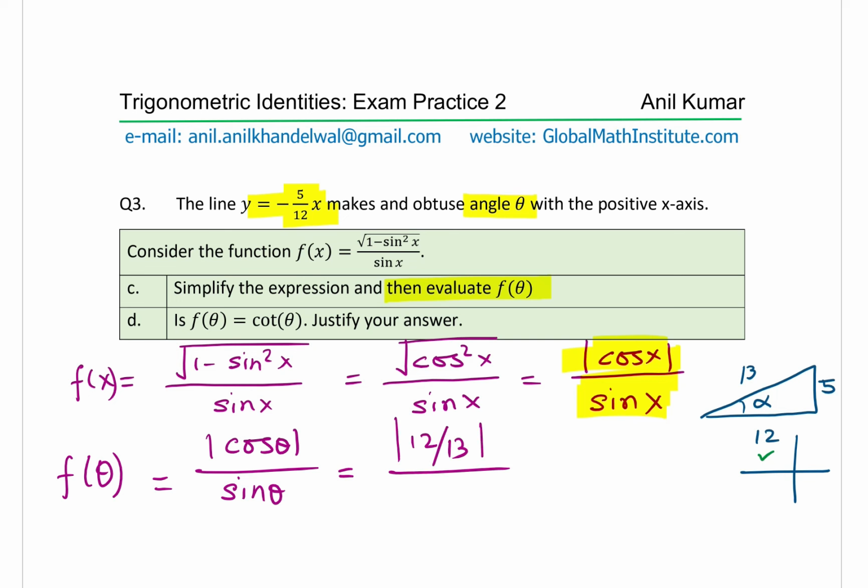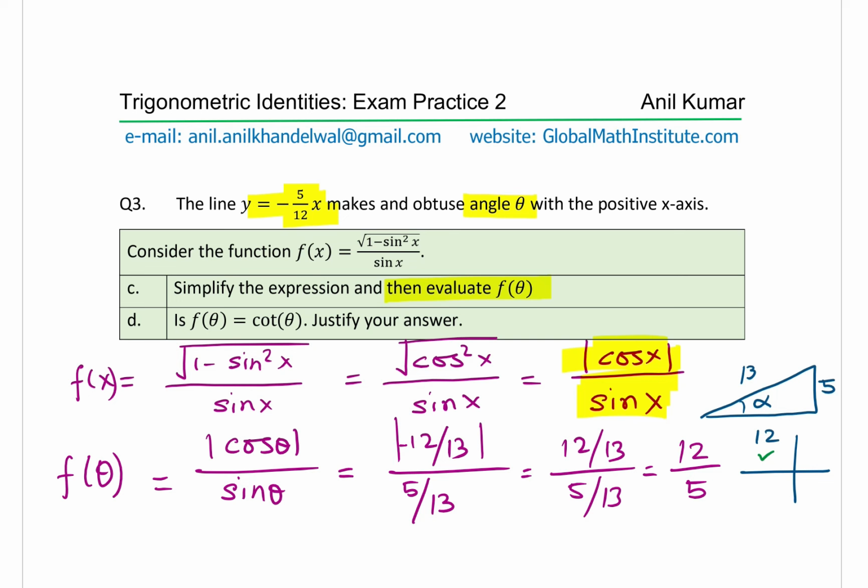So the absolute value, actually it is negative, but when you take the absolute value, it becomes positive. And the sine is 5/13. So what you get here is 12/13 over 5/13, and clearly it is 12/5. So that is what you get, 12/5. It's a positive value, not negative.